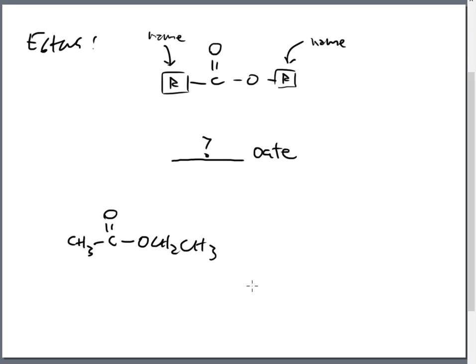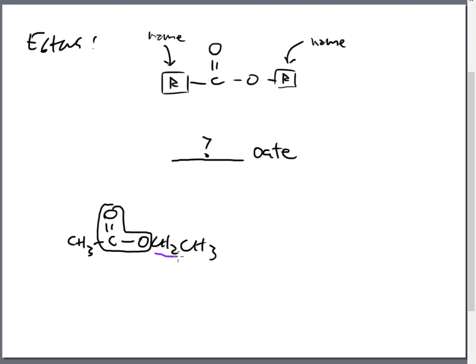All right, so here we go. There's a structure. So here are the rules to name an ester. First, you're going to find the ester. Right here's the ester. I'm going to circle it for you. Number 2, you are going to name the group that's attached to the oxygen first.